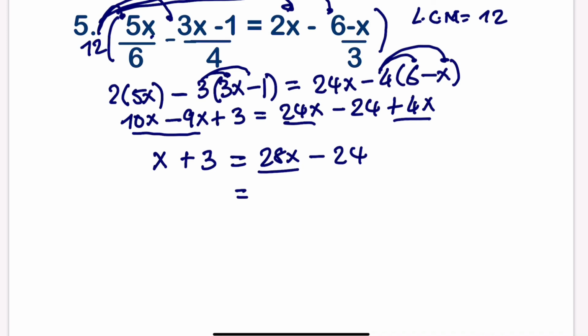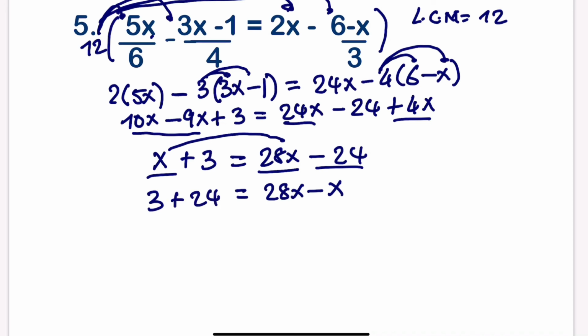We have 28x and x here. So this will cross and becomes minus, so we are going to have 28x minus x. Then here we have 3. This is minus 24. When it crosses the equal sign, it becomes plus 24.